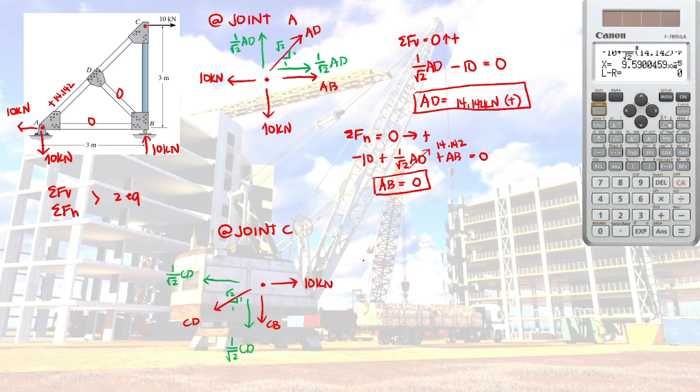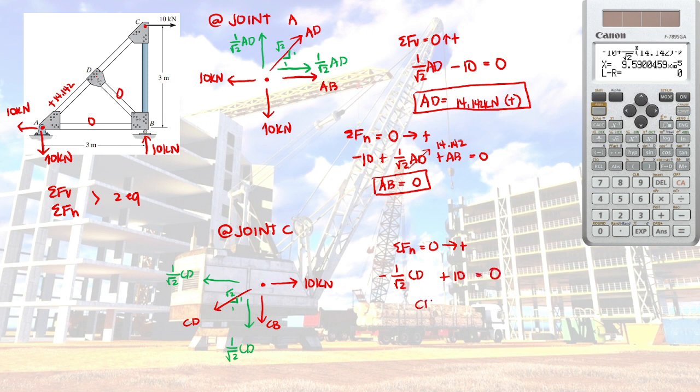After our components, we can already do summation of forces, vertical or horizontal. In this case, summation of forces horizontal comes first, with right positive. Why is that? Because we only have one unknown if horizontal. If vertical, you have two unknowns. So summation of forces horizontal: you have 1 divided by square root of 2 CD, which is negative because it is going to the left, then plus 10 plus 10, equal to 0.